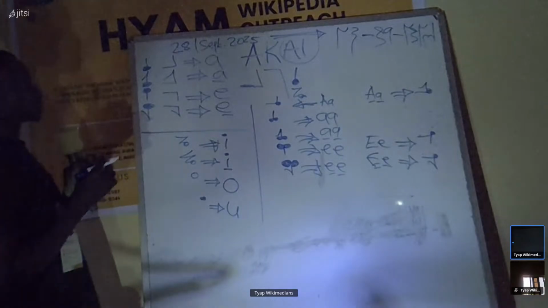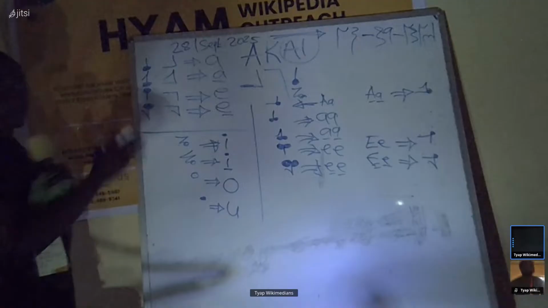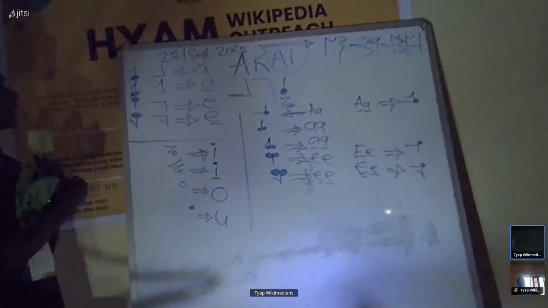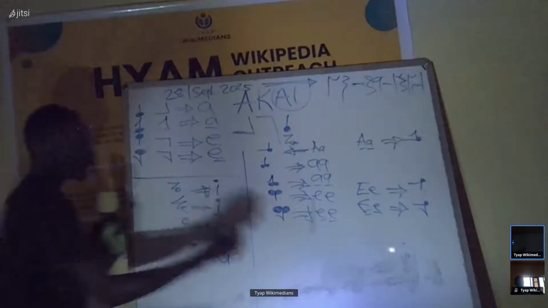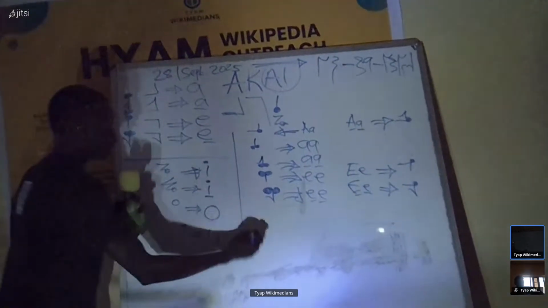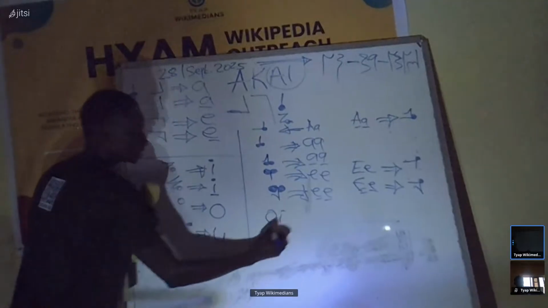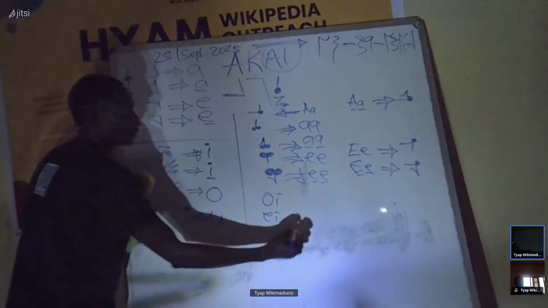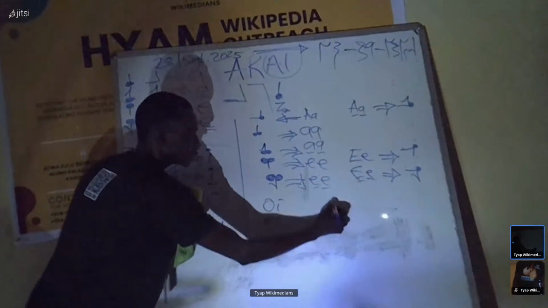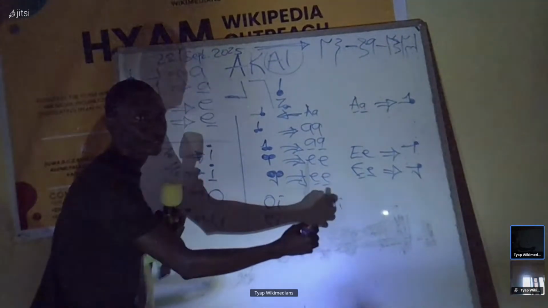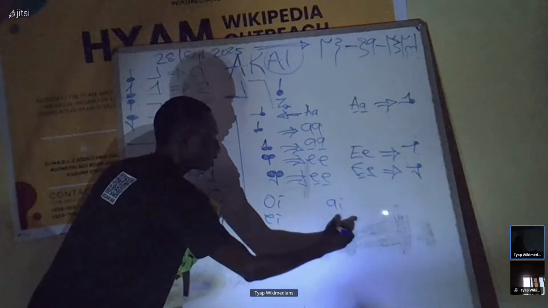So this is the vowel sound system. And if you are writing the diphthongs, oi, a, I, which one again? Yeah, like this.